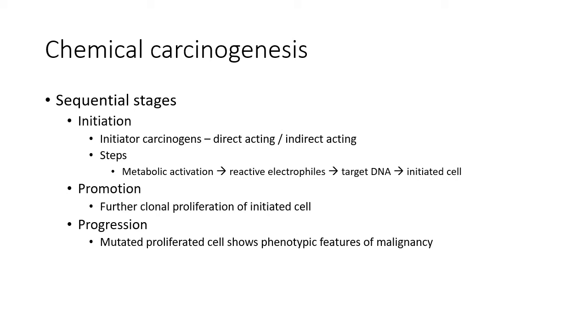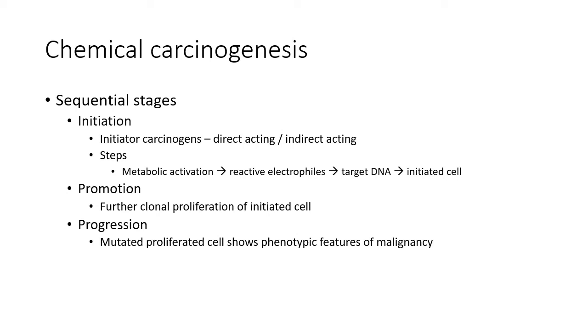These initiator carcinogens or initiator chemicals can be direct acting or indirect acting. Direct acting, example, alkylating agents. They induce cellular transformation without any metabolic activation. They cause carcinogenesis directly. They don't need any metabolic activation.